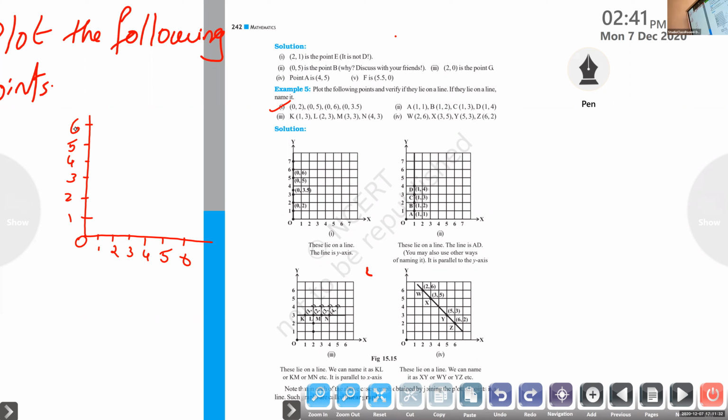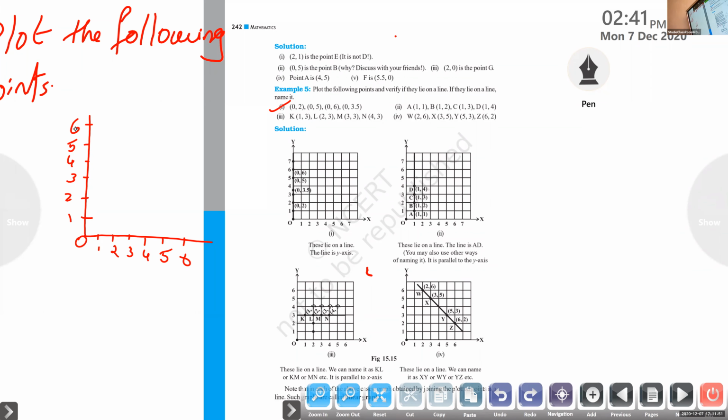You may feel it is very simple, but see children, concentrate on this, understand thoroughly because it is the basic of the coordinate system. It's a very important basic. So understand thoroughly how the points and its coordinates come.